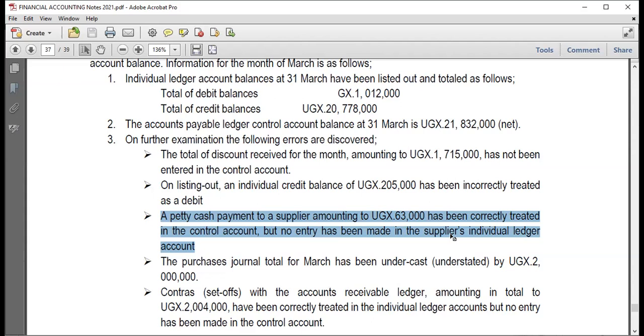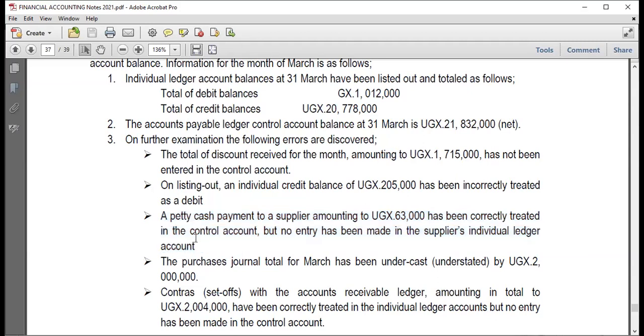As you can see, the error is not in the control account. The error is actually in the individual ledger account. So given that, we will also leave it out, as it would not have any adjustment.